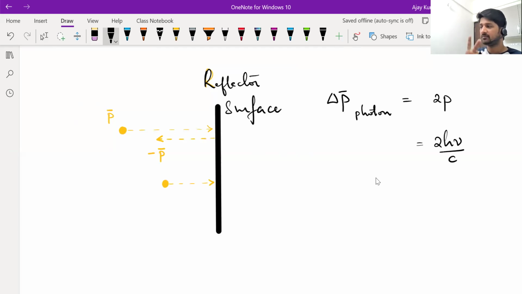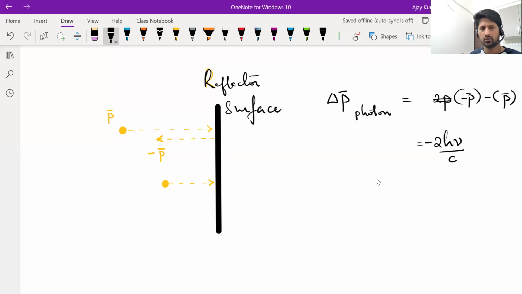But if the momentum becomes negative, then the change in momentum is 2 h nu by c in terms of magnitude. With direction, the change in momentum is final momentum minus initial momentum, so that becomes minus 2 h nu by c. But the magnitude is 2 h nu by c. That's the change in momentum of the photon. The same amount of momentum will be given to the surface.